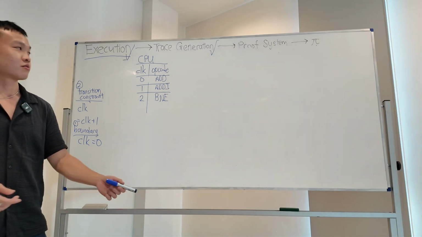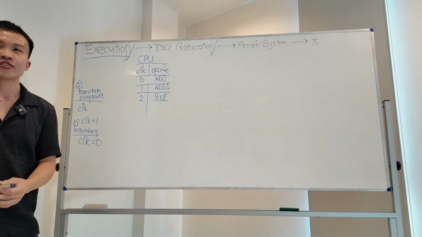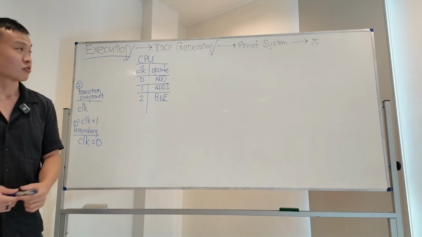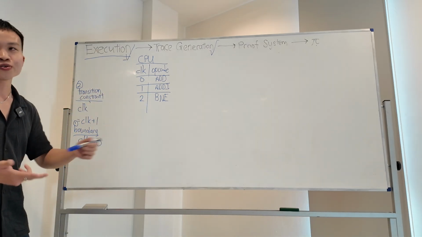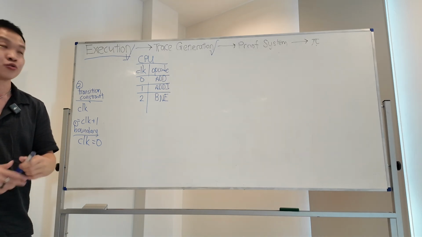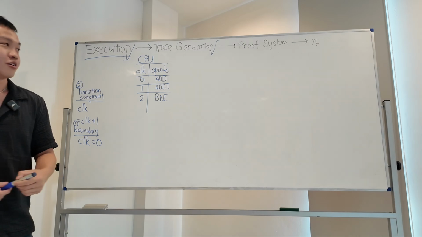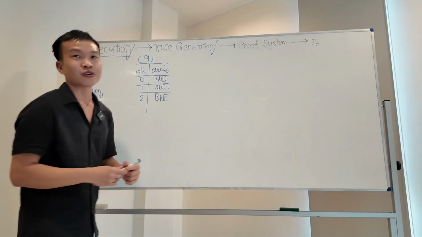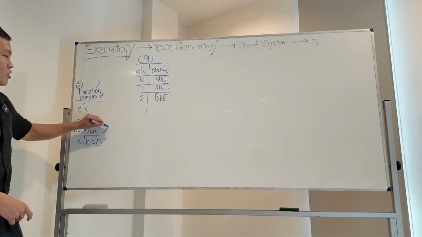But to enforce those constraints, you have to write the constraints, right? And you can think of this CPU table also as a sub-circuit. The whole zkVM is a circuit basically, right? And the CPU table is a sub-circuit. Then you would write things like, in AIR, you have the transition constraints and the boundary constraints, right?